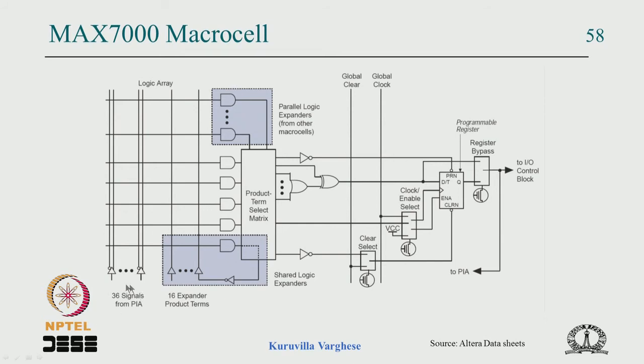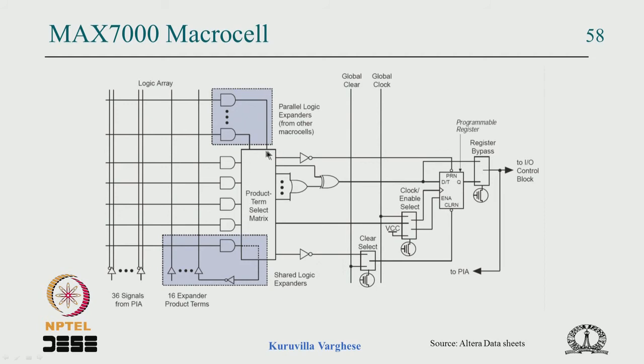And you can see this is the input signal from the crossbar or PIA, programmable interconnect array. There are 36 signals coming, and their complement is taken. So 72 vertical lines can be programmed to the AND gate to form the product terms for whatever requirement. Basically of the 5 AND gates, 1 AND gate is an expander product term which is fed back into the array. So there are 16 sections, so there are 16 expander product terms, and now this is the normal OR gate which the AND gate output goes to, but mind you this is not permanently connected.